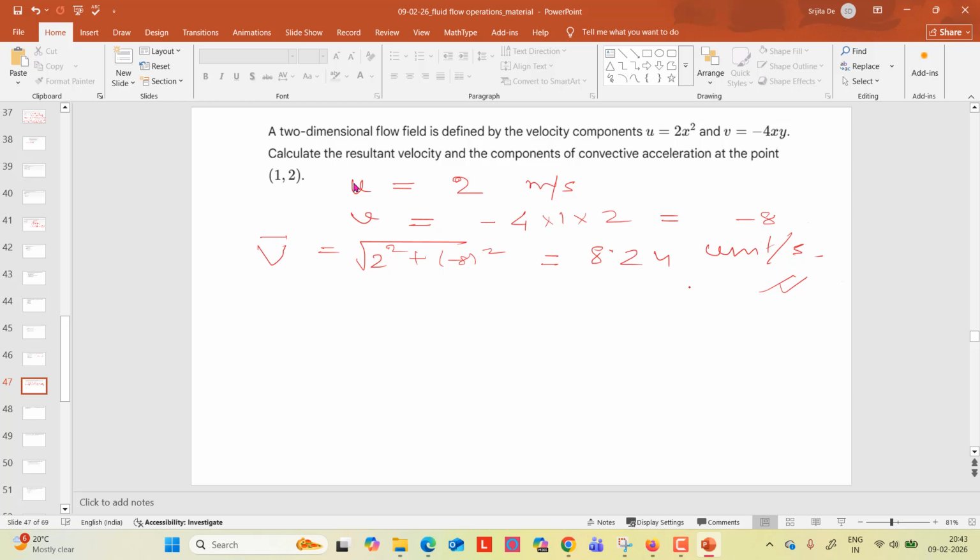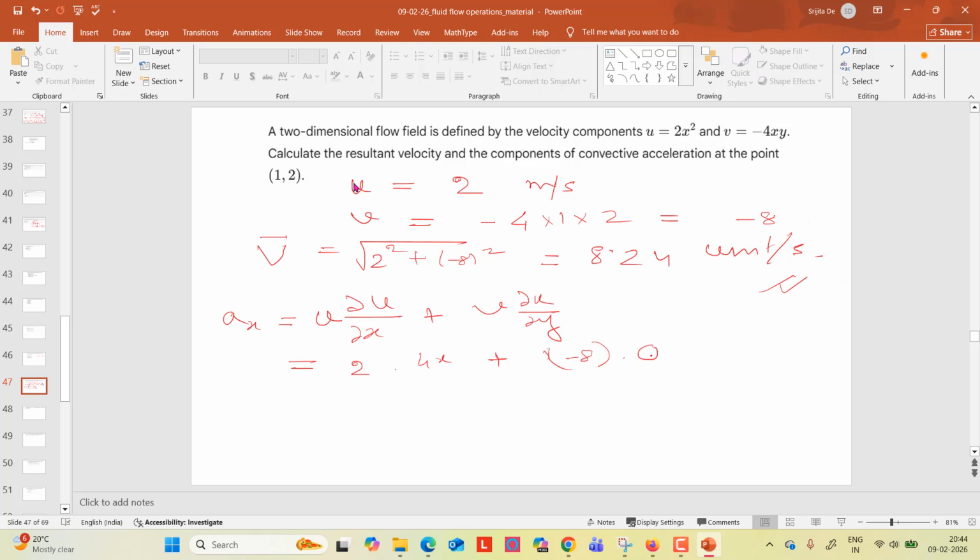The second one is the convective acceleration at that point. ax is u into del u del x plus v into del u del y. u is 2, del u del x is 4x, plus v is minus 8 and del u del y is 0.